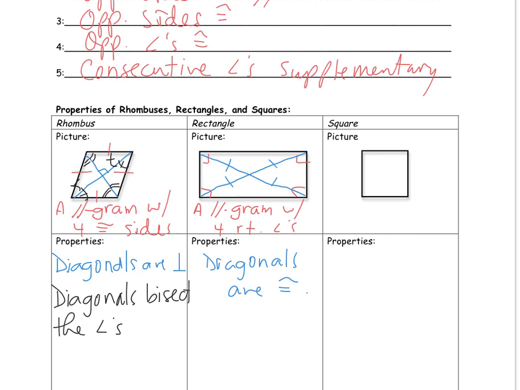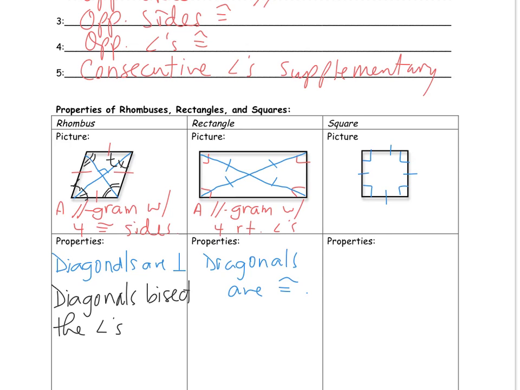All right? Square. What makes a square a square? How does a parallelogram turn into a square? Yep. Has 90-degree angles. Okay, so we'll add those in. And all sides are equal.